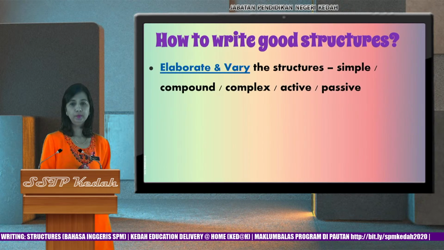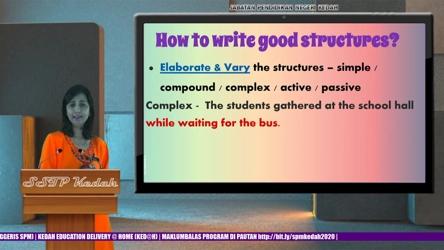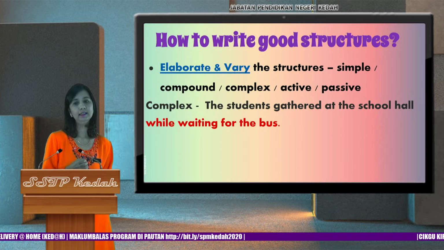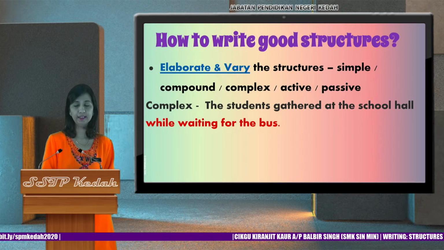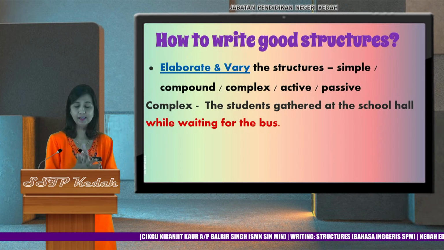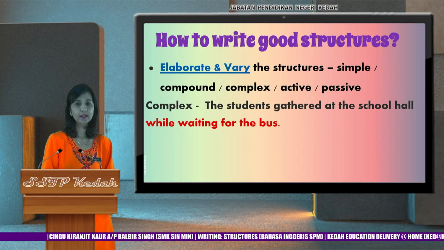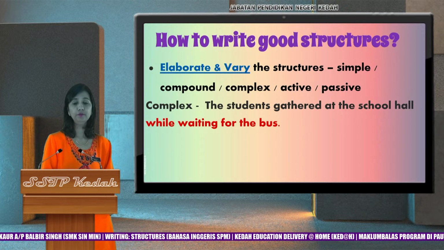And the next one would be on complex. Okay, complex sentence is slightly complex, as the name goes. Complex is a little bit challenging for some students. Okay, but it's okay. You can try. If you can write a complex sentence, you can try to write. Otherwise, you can stick to simple and compound. Don't worry. As long as you write something, you get your marks. Okay, the students gathered at the school hall while waiting for the bus.